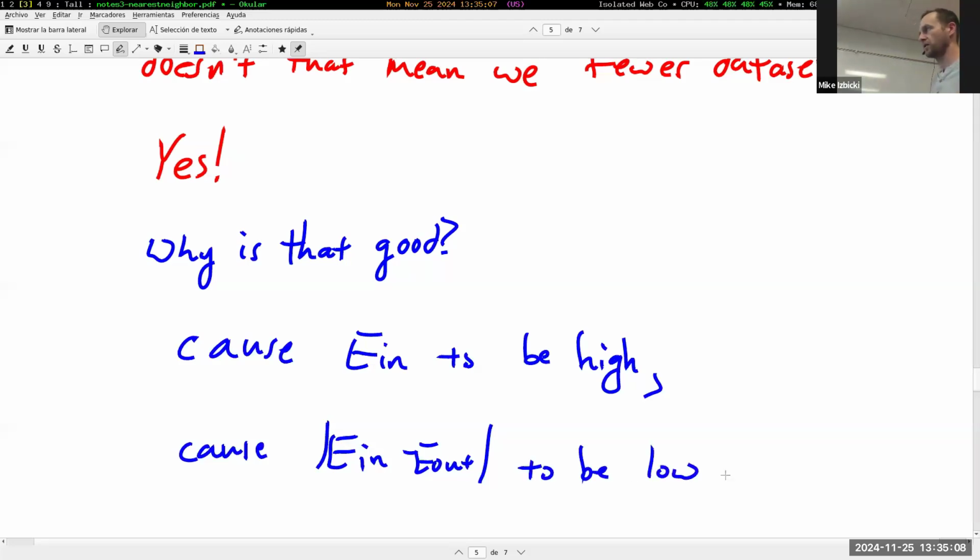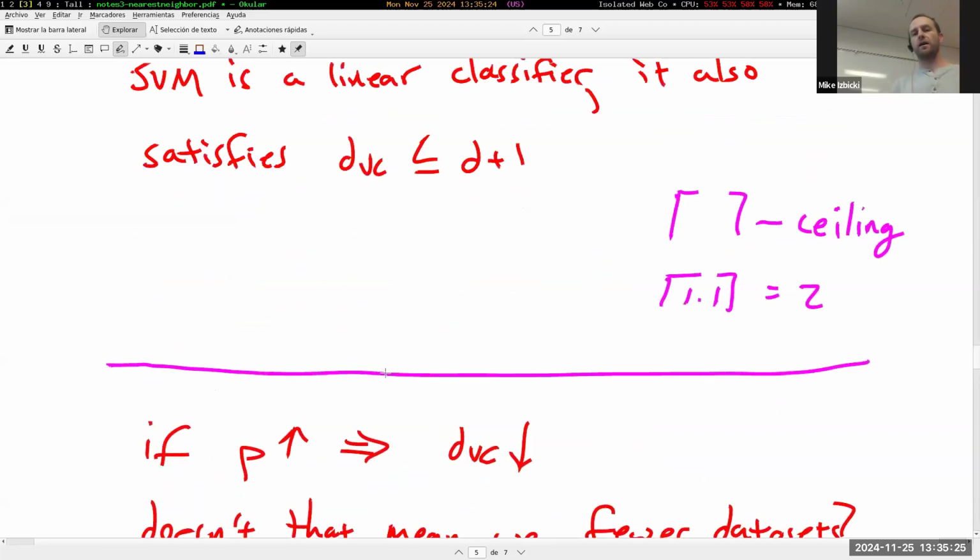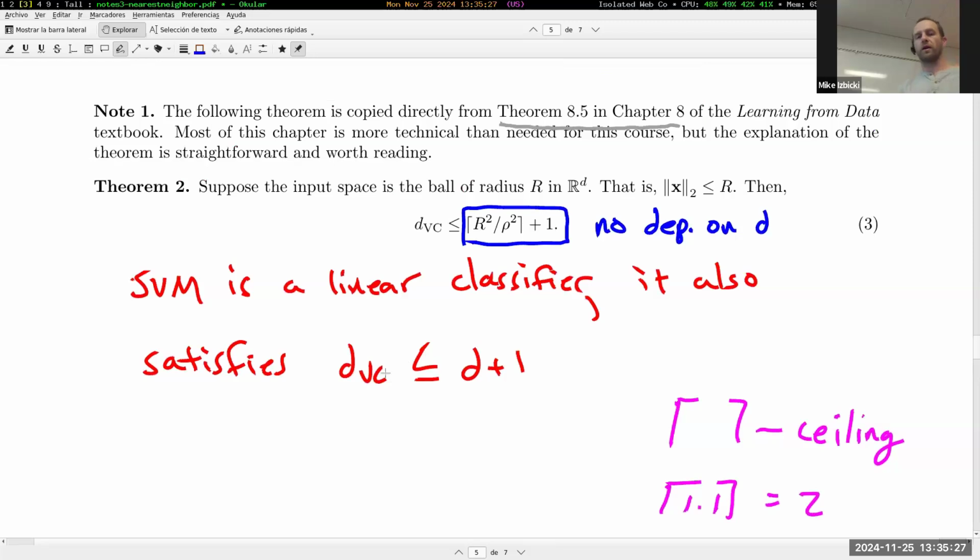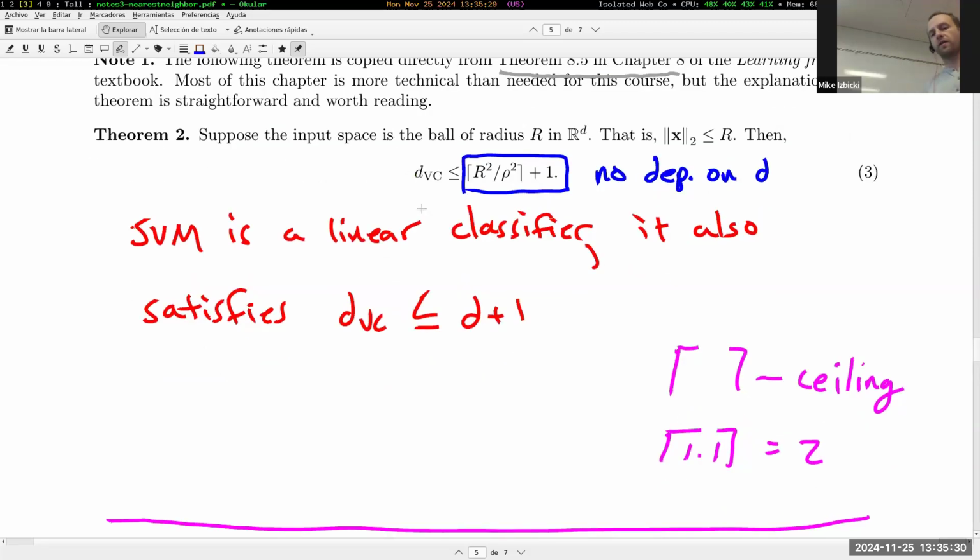And so depending on our particular problem, we might need the generalization error to be low. If we're already in the overfitting regime, then our in-sample error is already low, and the generalization error is too high. And usually that's the more important case. So when we're putting this upper bound on the VC dimension, we're putting the upper bound on how bad our generalization error can be.